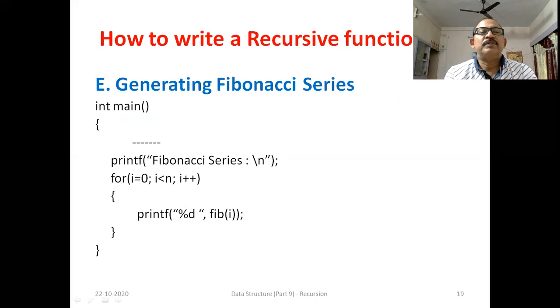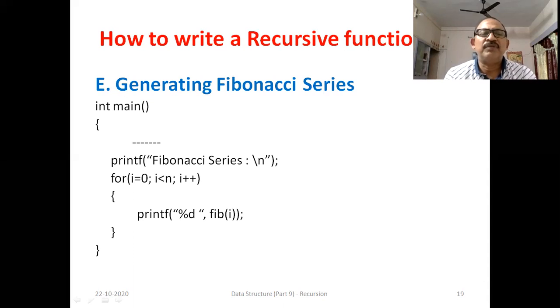Now the next problem is generating a Fibonacci series. We have seen how to generate the 0th term of the Fibonacci series, the first term, the second term, and the third term. Here we simply write the calling of the Fibonacci function in a repetitive manner.